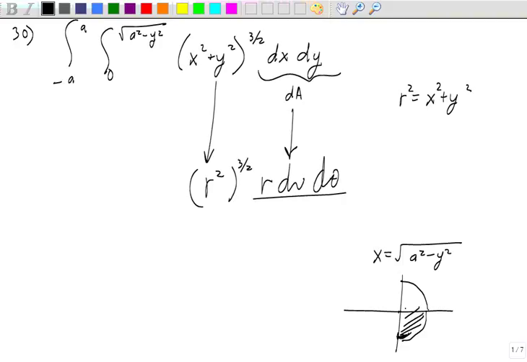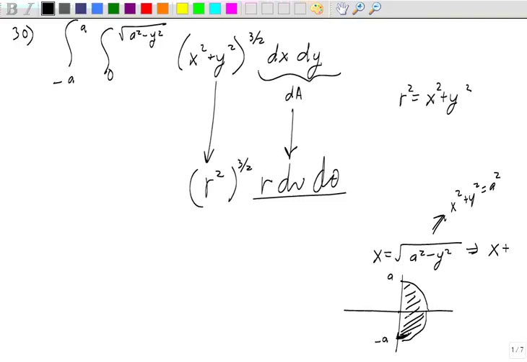So this is the region from minus a to a, because this says that x is positive. I know that also this is x squared plus y squared equal a squared, which is a whole circle, but since I'm taking only where x is positive, I get it in quadrant 1 and quadrant 4.